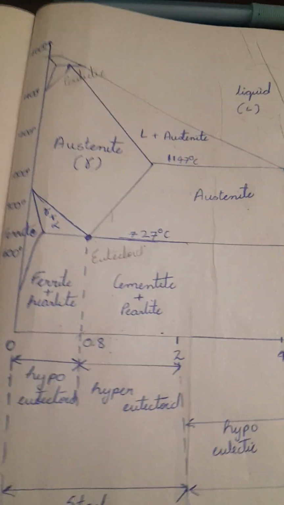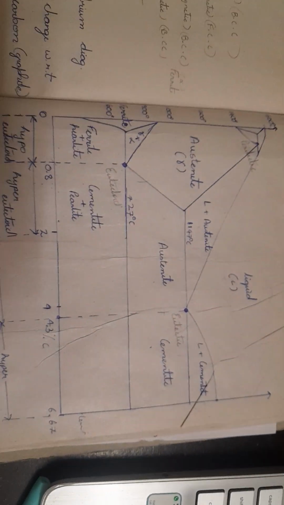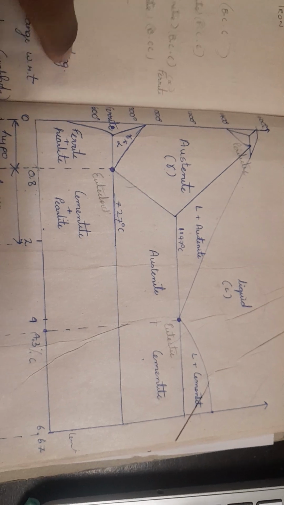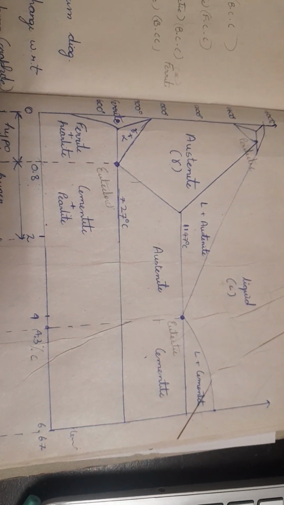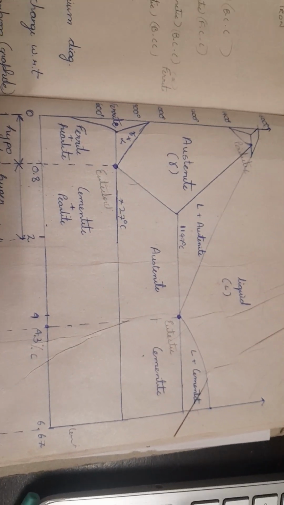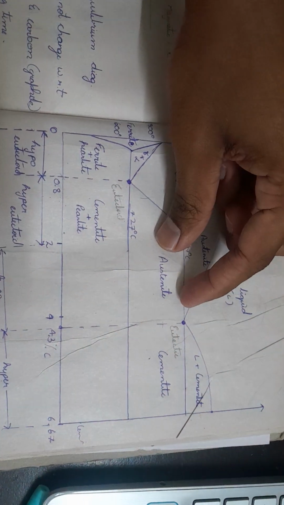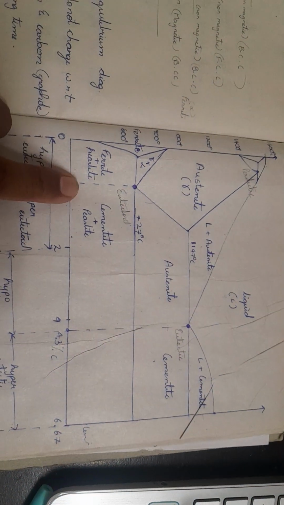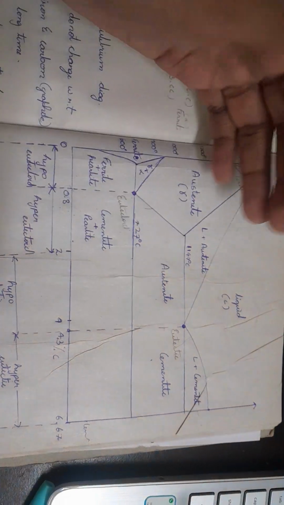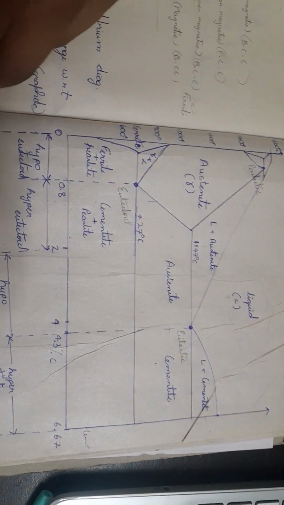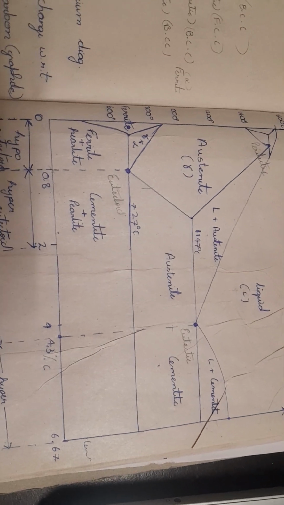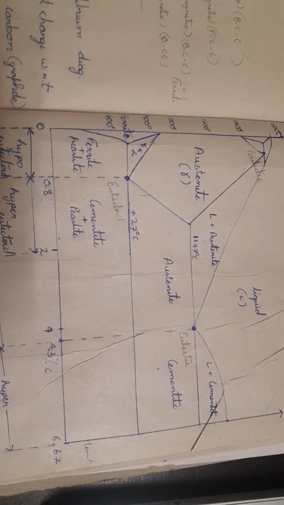One thing we need to note is that in real life applications, we cannot see austenite very commonly, because at room temperatures, which is below 600 obviously, austenite is not to be seen, because if you look at the graph, austenite would change into ferrite or pearlite or cementite or pearlite once it hits 727 degrees Celsius and goes below it. So austenite is not very common to see in real life applications.